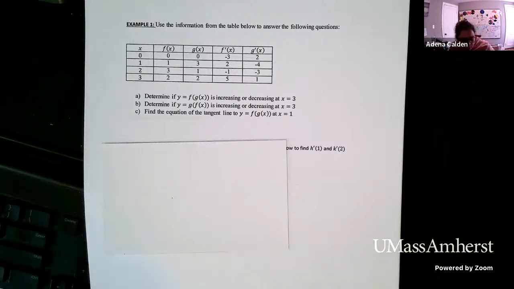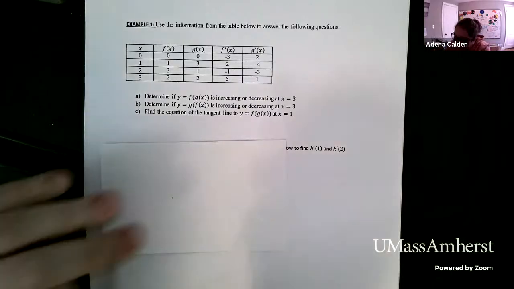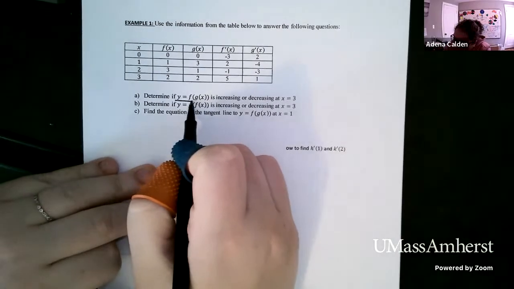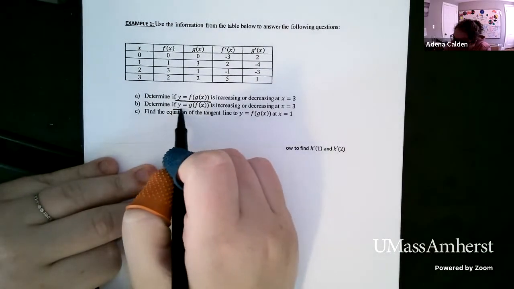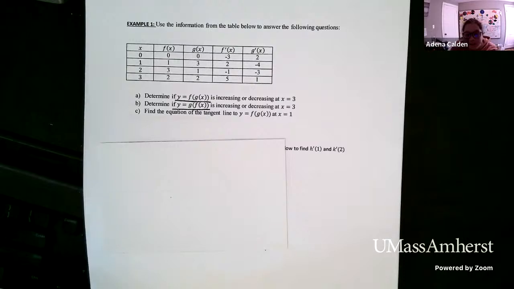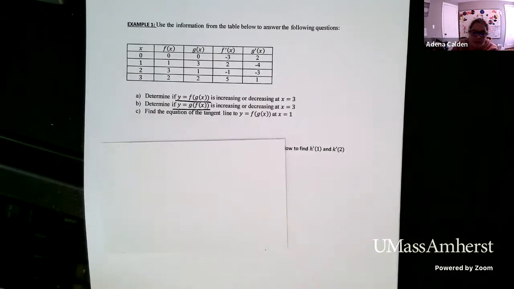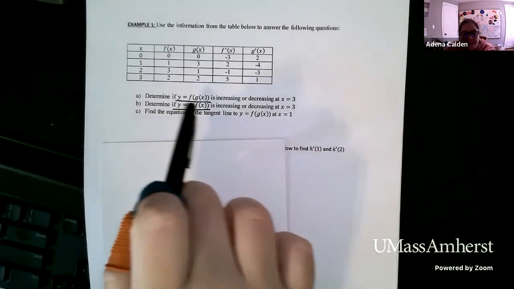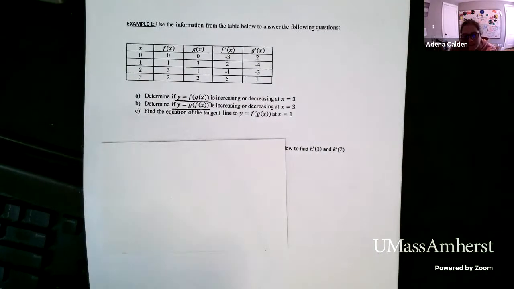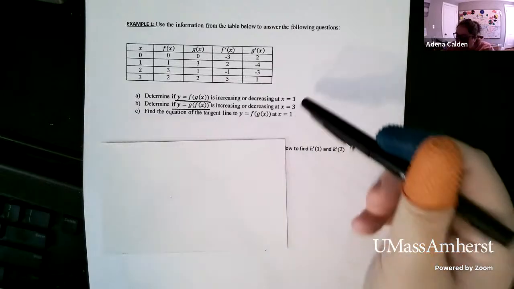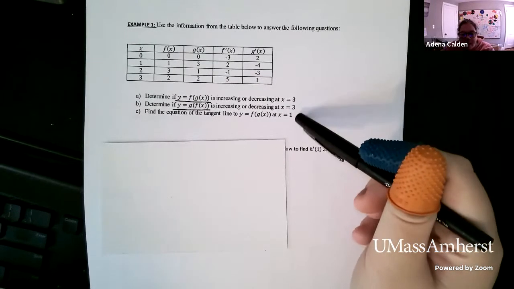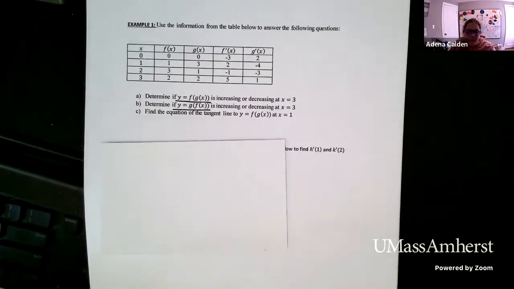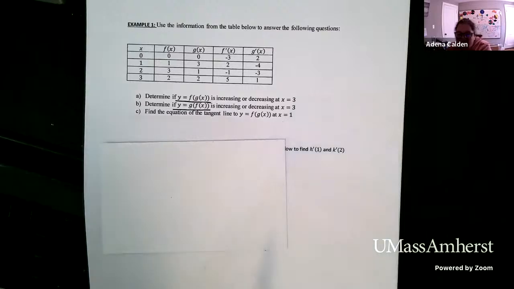The important piece of this is how the function is defined. For both A and B, we see a composite function: f of g of x, g of f of x. Seeing that the function is defined this way leads us to think chain rule. That's the first step. Now we also know for both of these that we're interested in what's happening at 3. So we need to think about how we can apply the chain rule to evaluate this at 3.